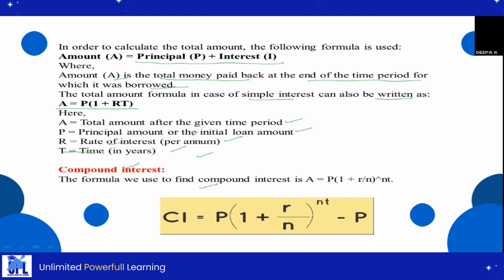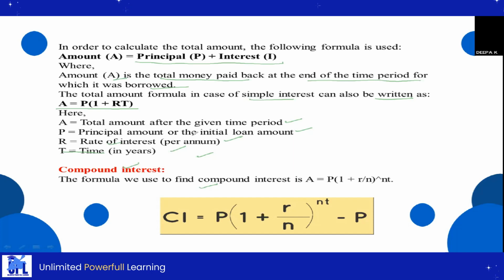So here are the important formulas to find the amount. First, SI is equal to PTR divided by 100, and one more amount formula, that is principal plus interest. And also when simple interest is given, the total amount formula becomes P into 1 plus RT.